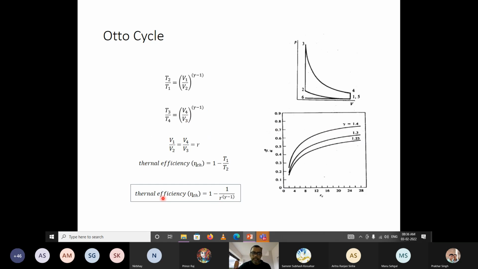It is possible to show that the thermal efficiency of the Otto cycle is defined by 1 minus 1 divided by r to the power gamma minus 1, where r is the compression ratio and gamma is the polytropic constant.